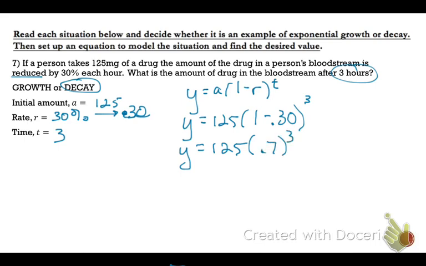Now notice before you put it on your calculator, you have a number that's less than 1 because we subtracted that rate from it, and this is a decay situation. So raise that to the 3rd power, take it times 125, and you should get 42.875 milligrams. It should be considerably less because it's decreasing.